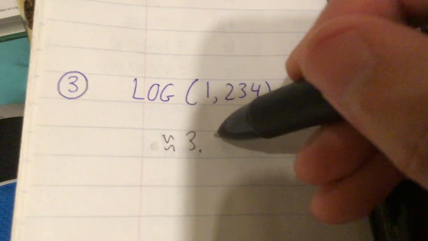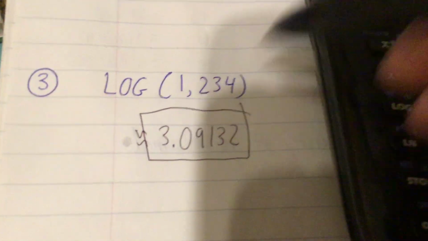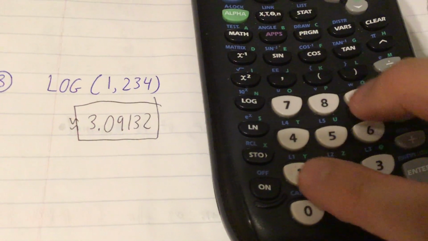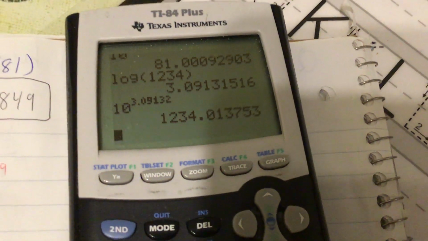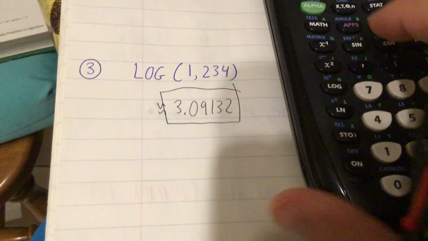And you can check your work by plugging in 10 caret 3.09132. So close to 1,234. The more decimal places you use, the more accurate your solution will be.